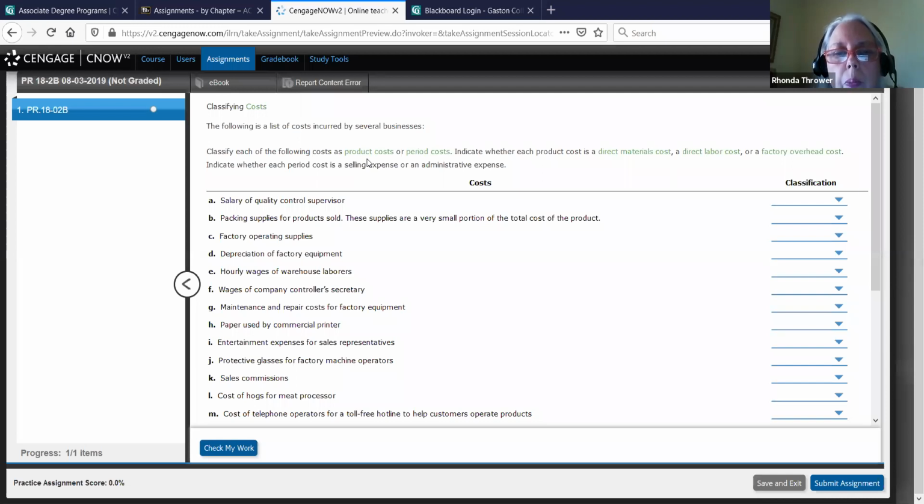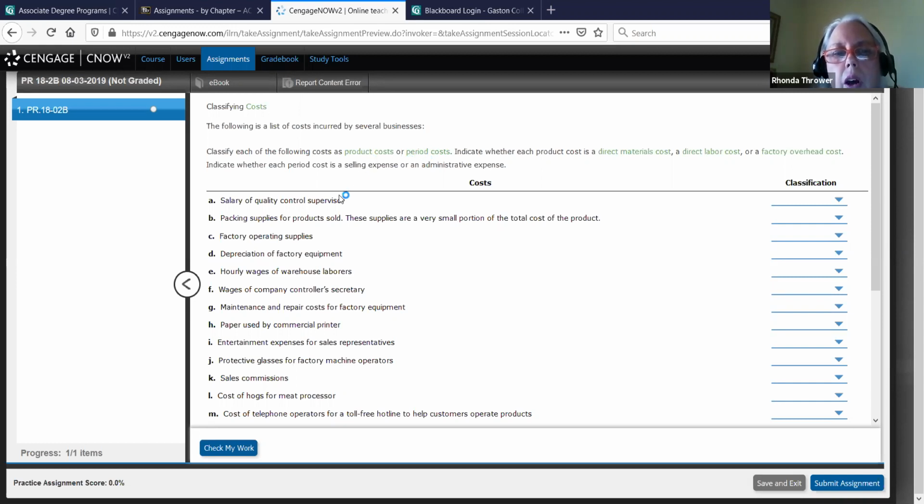You also have direct labor and indirect labor, which are also product cost. All of your other factory overhead costs are going to be your product cost. Your period costs are just your selling and your administrative expenses.